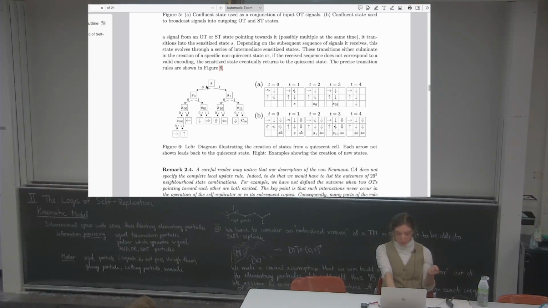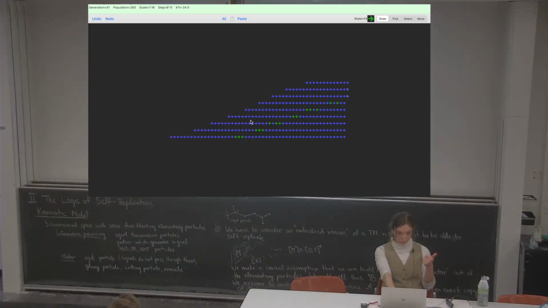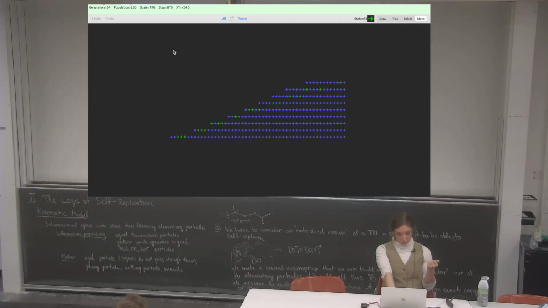The confluent state should be encoded by the first one, which activates the sensitized state, and then 3 more ones. So we should have 4 ones. This sometimes happens with Golly, that it crashes, and there's nothing we can do about that. Wonderful. Now I see my mistake. I just added 1 less activated signal.